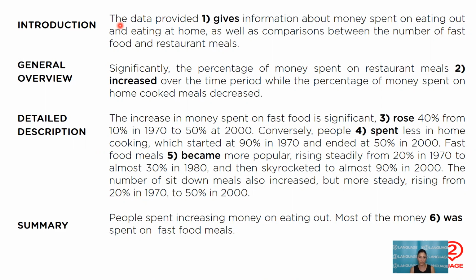That's what it's doing right now. The table itself exists in the present, but what it's describing exists in the past. So we always say the data tells us, or the data gives us, the data explains, the data reveals. Okay, so the verb related to the data is in present, but pretty much everything else is going to be in past.